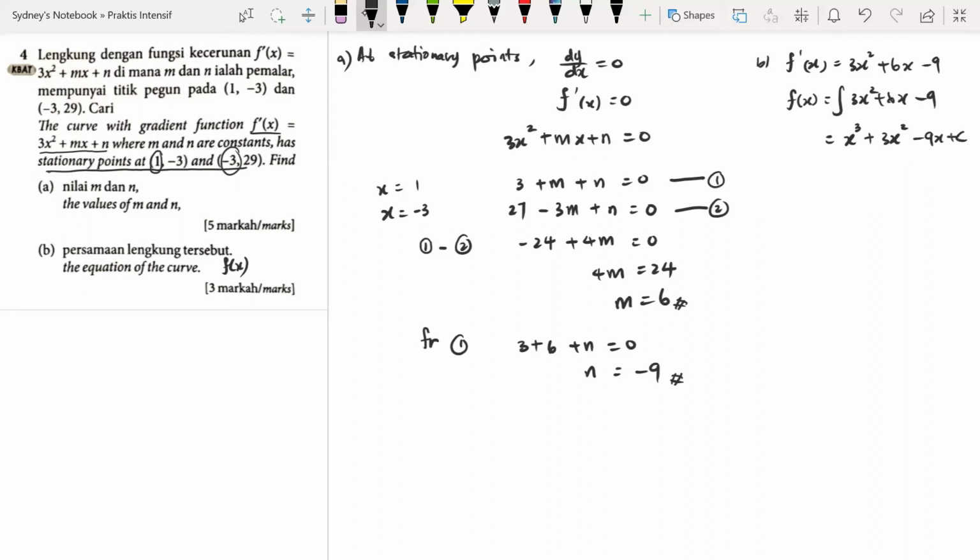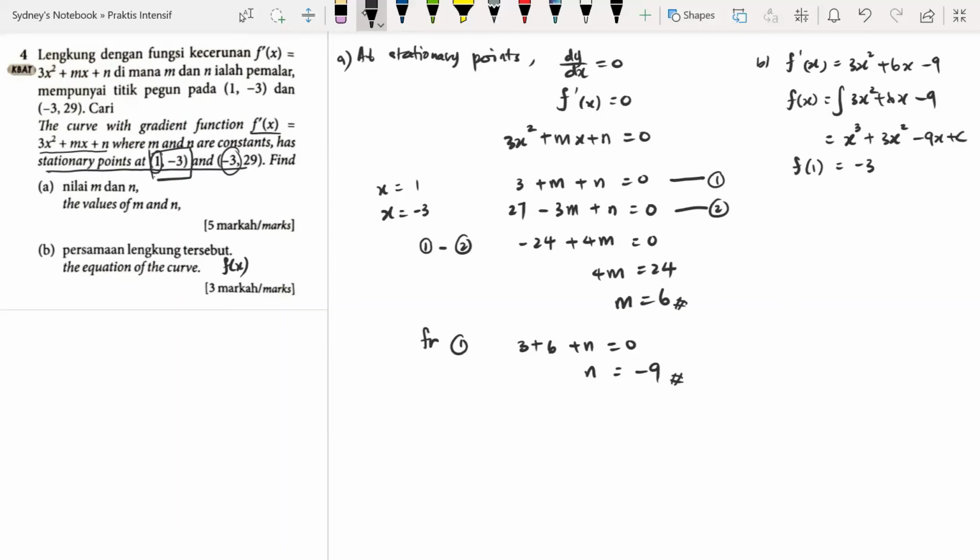So we have to find the value of c. So we have to substitute the point in. So let's substitute when x equals 1, the y value, which is f(x), equals -3. So f(1) equals -3. Substitute x equals 1 into the function.